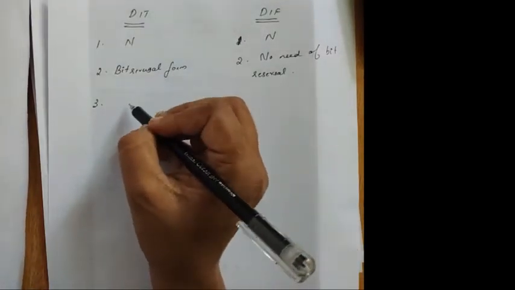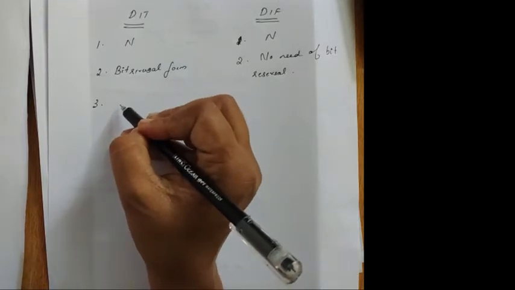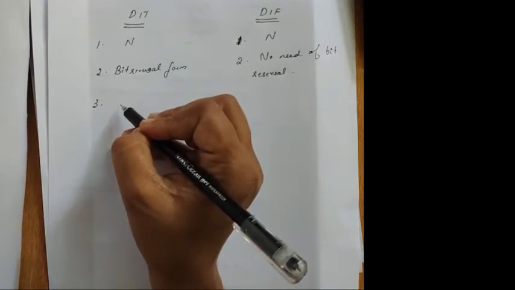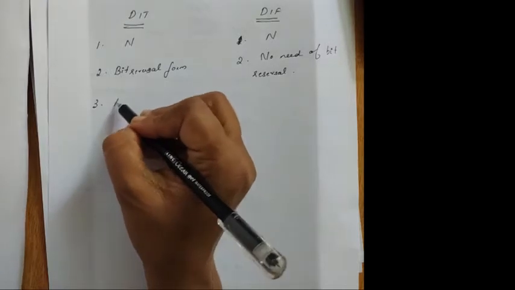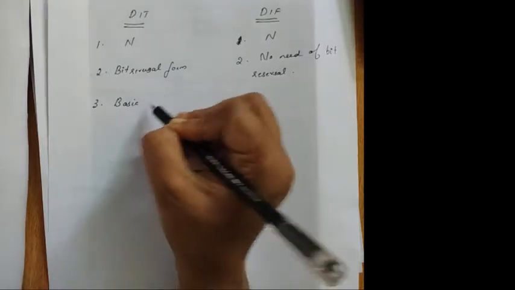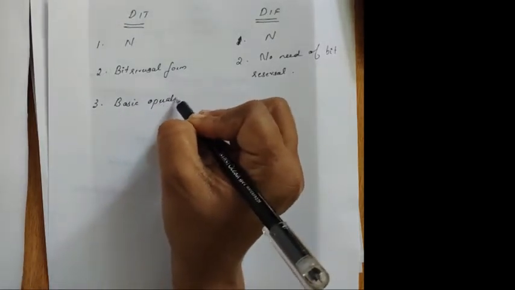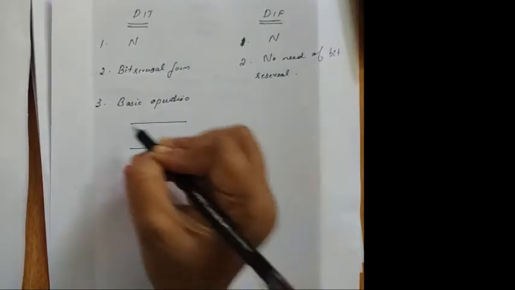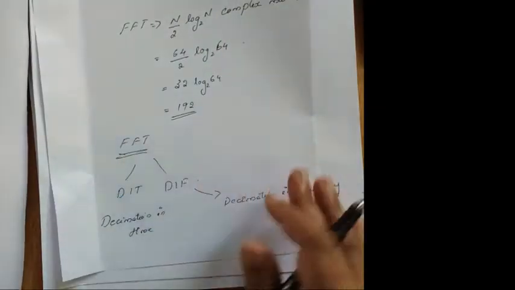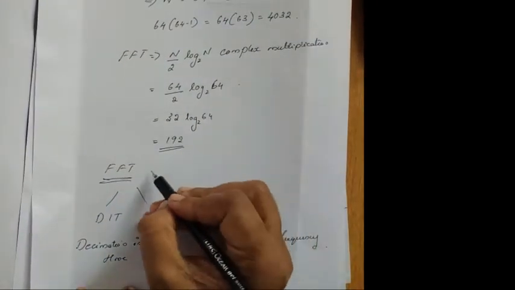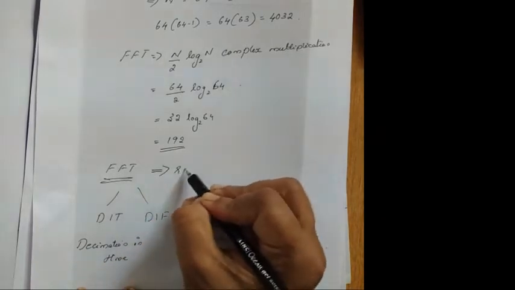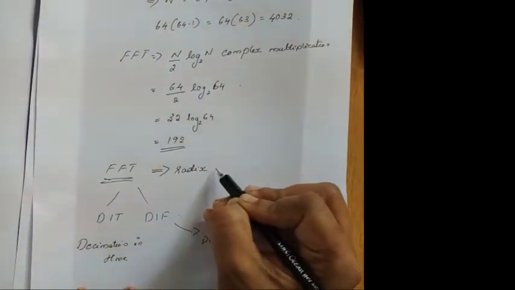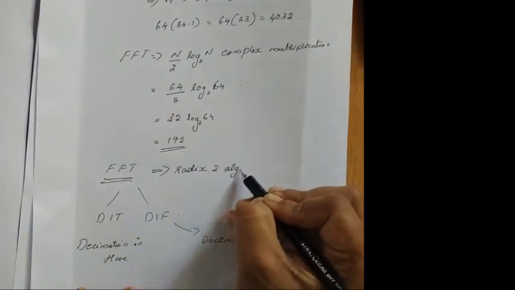Third, you have to find the basic operation that has to be performed. Here we are going for the fast Fourier transform using the radix 2 algorithm.